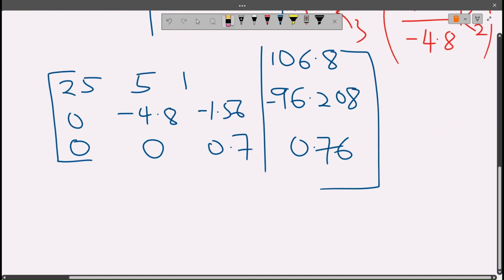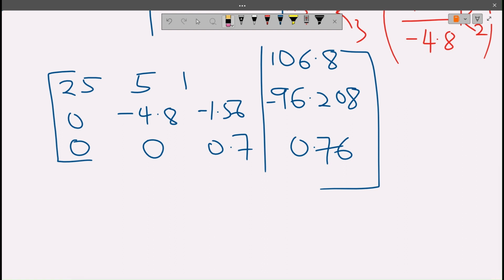Now our augmented matrix is an upper triangular matrix. So we need to perform a back substitution to find the values of S1, S2, and S3.